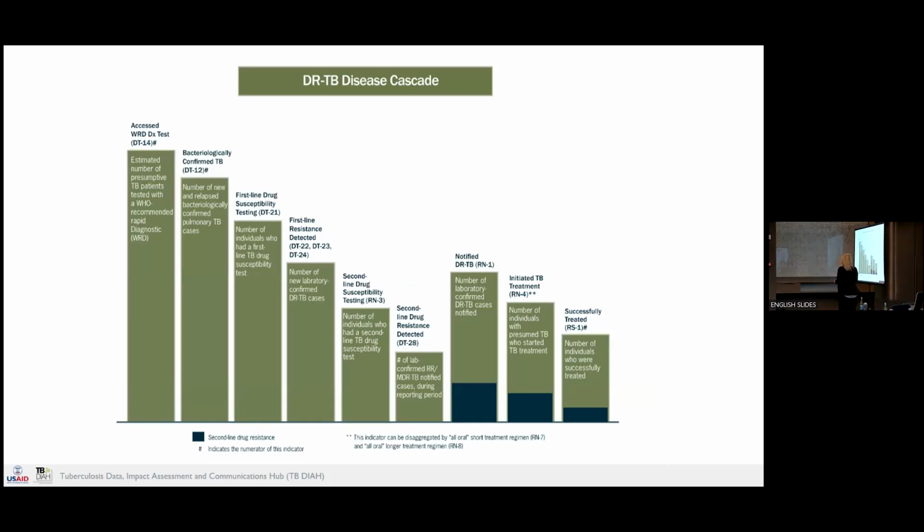This is also a cascade, but only for DRTB. And here we have patients who were gene expert tested, so assessed with WRD, the DX test. This is a molecular method.